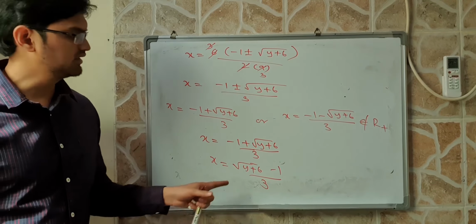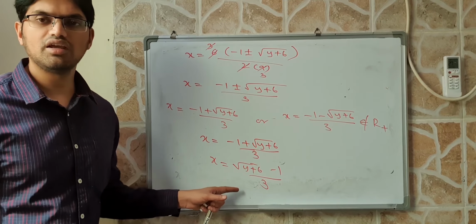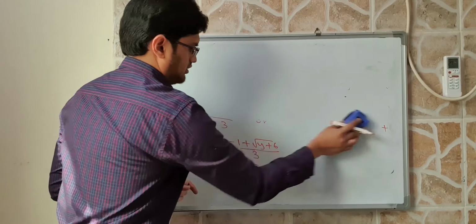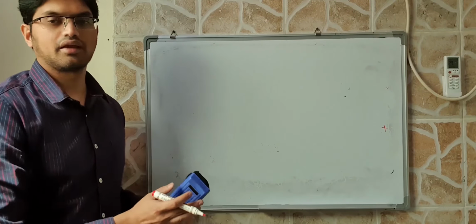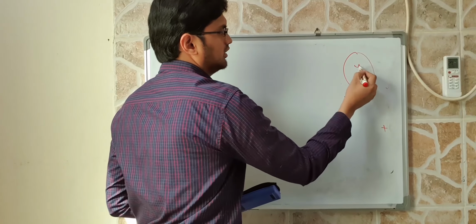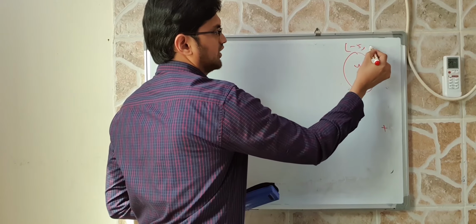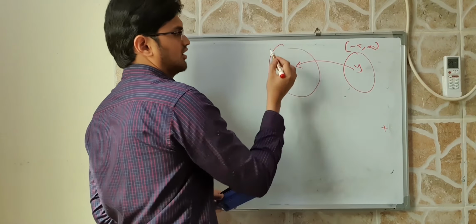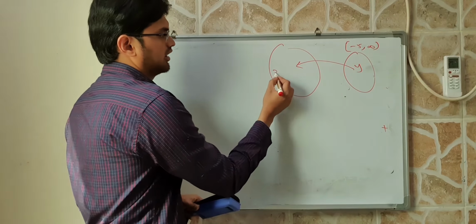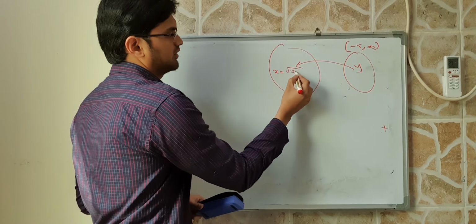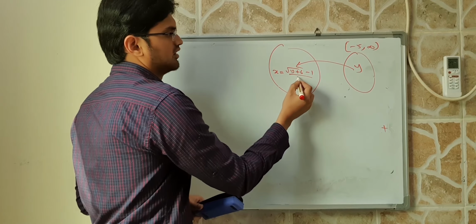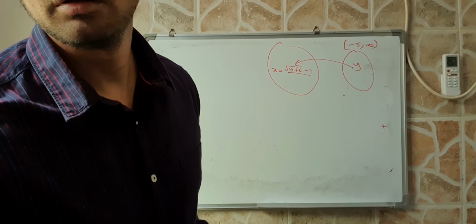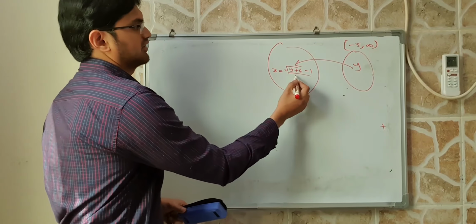So what are you understanding? This is giving you the rule that for every y in the codomain, that is minus 5 comma infinity, we have x with the formula x is equal to (root of y plus 6 minus 1) by 3.